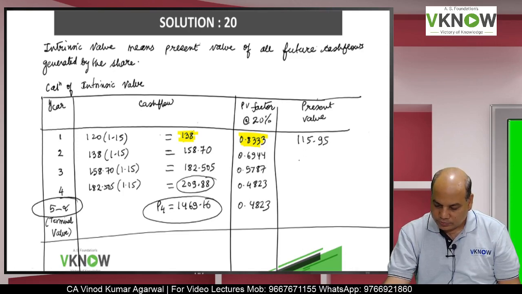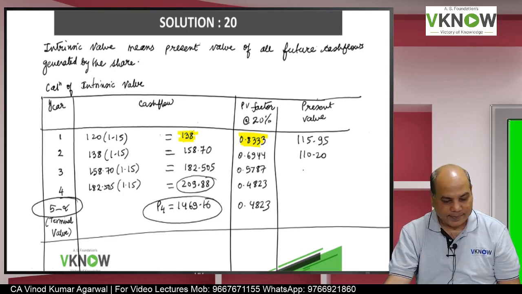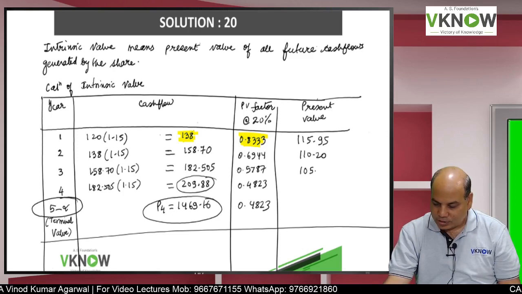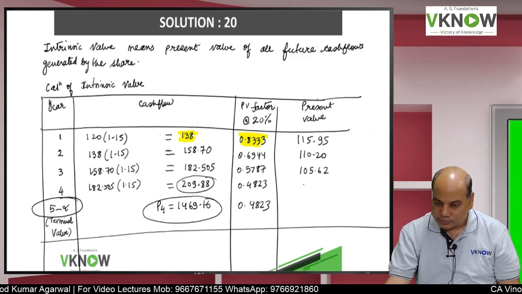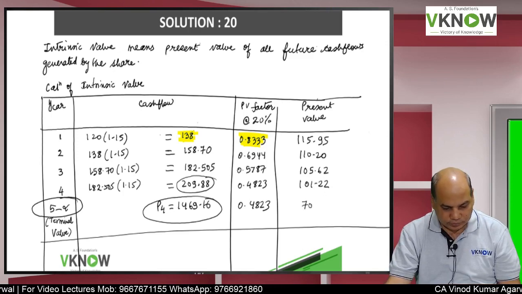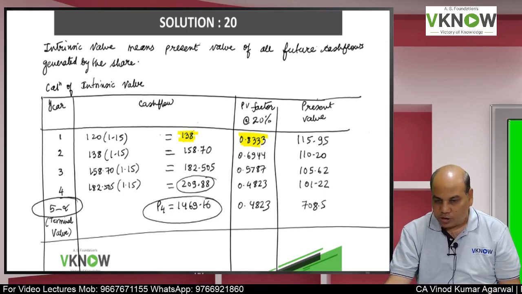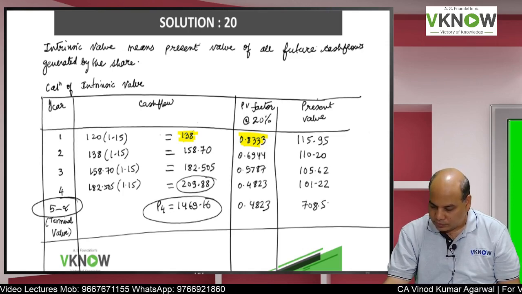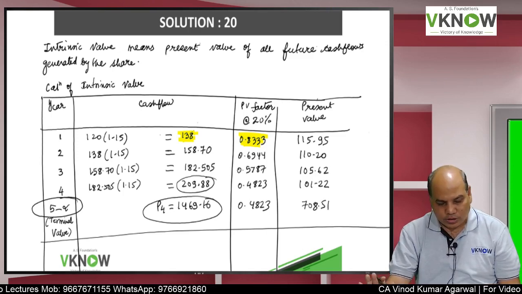In 2 digits. 110.20. Memory plus. 105.62. Memory plus. 101.22. Memory plus. 708.51. 2 digits, 2 digits.